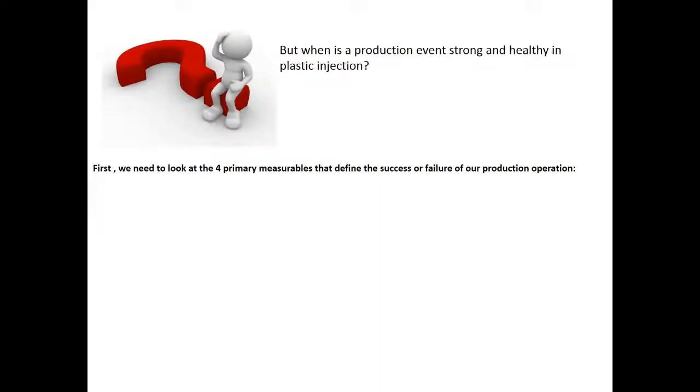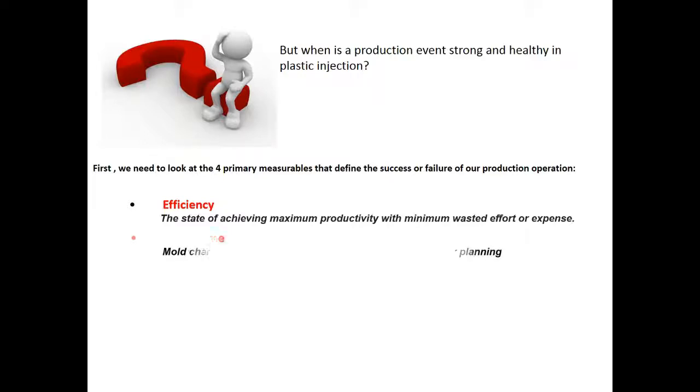So now we must ask, when is a production event strong and healthy in plastic injection? Well, there's four primary measurables that we must first look at to find the success or failure of a production operation. The first would be efficiency, state of achieving maximum productivity with minimum wasted effort or expense.